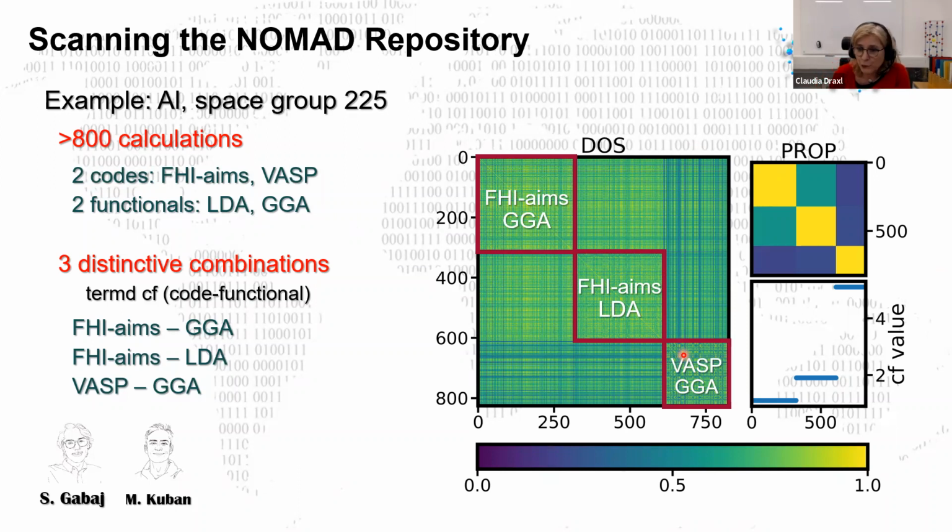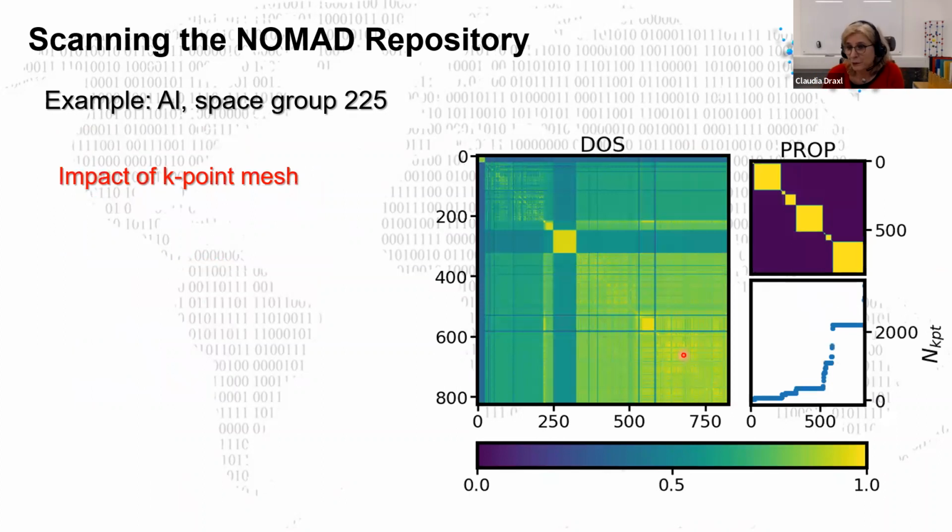But we could also group this data in a different way, namely in terms of computational parameters. Because in the example before, we didn't care about parameters, we just looked at the code. Now we group these calculations according to k-points. We have one calculation with a small number of k-points.